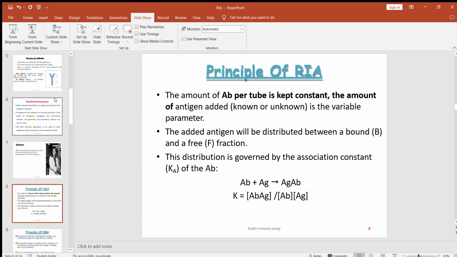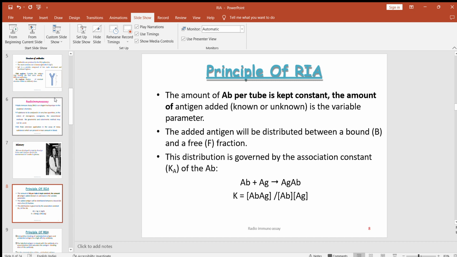This is the principle of RIA. The amount of antibody per tube is kept constant. The antigen added, that is both known and unknown antigens, is added to the known antibody. The added antigen will be distributed between a bound and a free fraction.